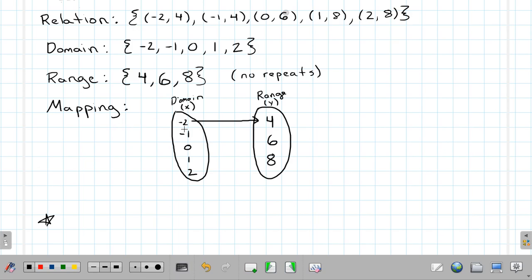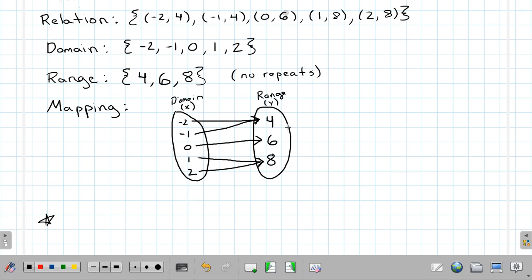That's technically why we call it a mapping. Well, -1 is also mapped to 4. So we would take -1 and we would also draw a line to 4. 0 is mapped to 6. 1 is mapped to 8. And 2 is mapped to 8.